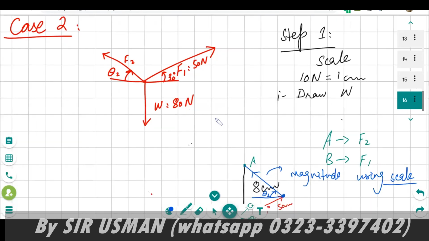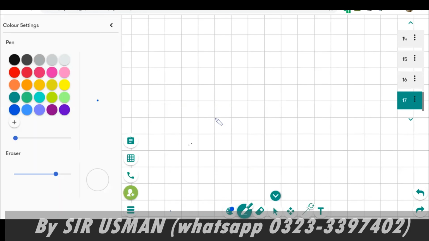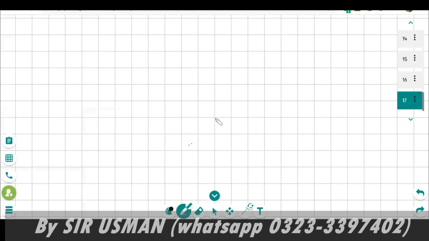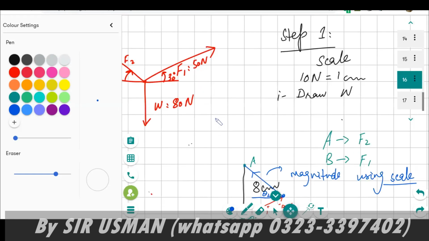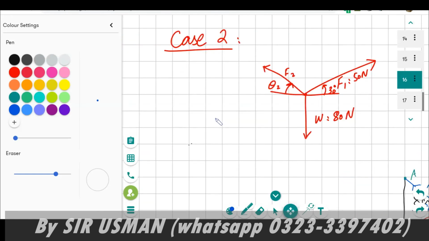Now in case 3, the last thing. So in case 3, what do we have? In case 2, you can have two known forces, and two known angles, because you know the angle of W as well.